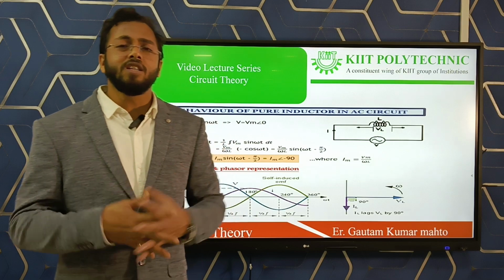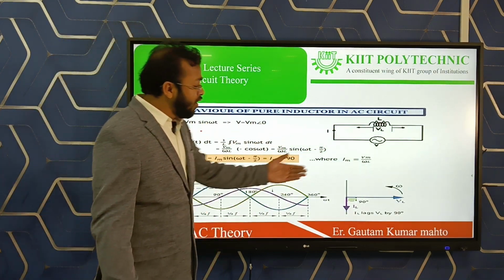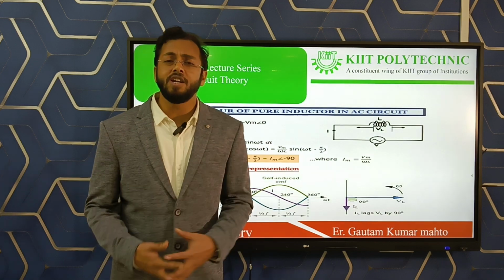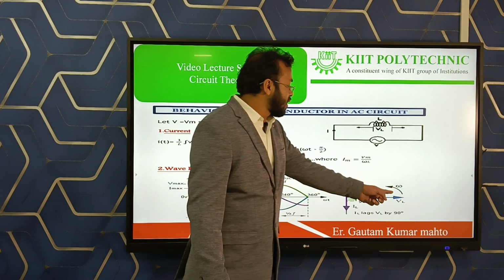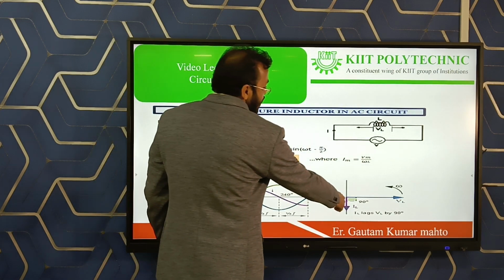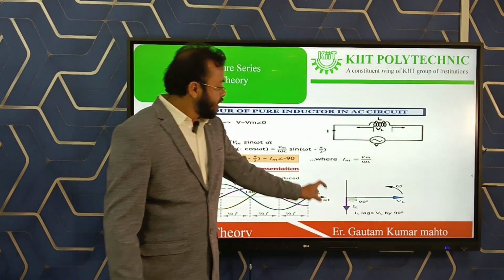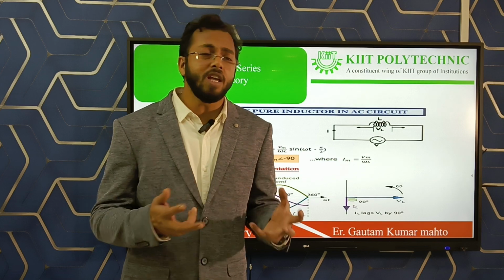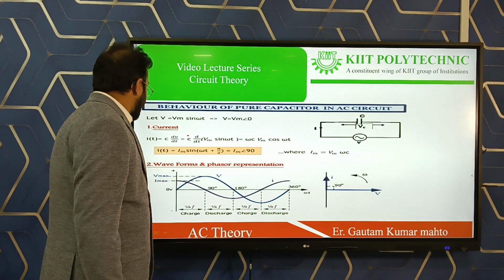The lagging effect is due to the inductor in this circuit, and you can draw the phasor diagram. The current phasor lags the voltage by 90 degrees, and that's why this is known as a lagging circuit.